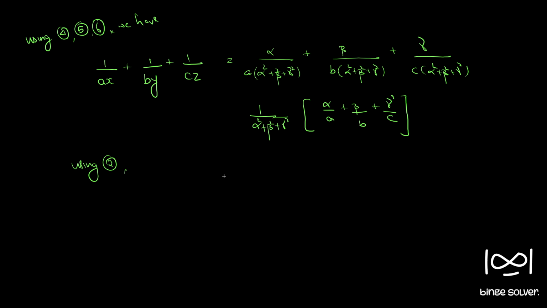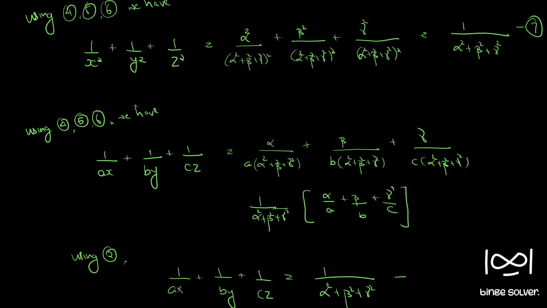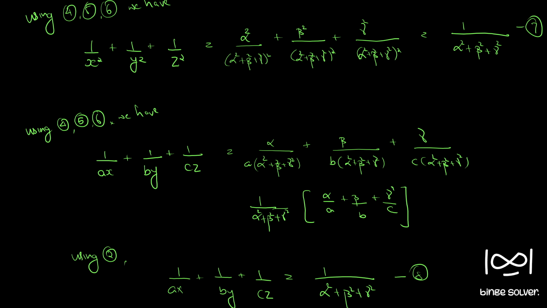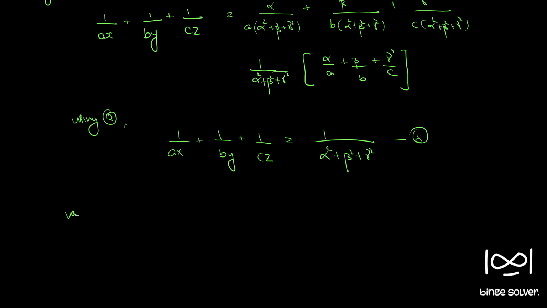we have 1 by ax plus 1 by by plus 1 by cz equal to 1 by (alpha square plus beta square plus gamma square). So let's call this 8. Now you see, using 7 and 8 we can say that 1 by x square plus 1 by y square plus 1 by z square is equal to 1 by ax plus 1 by by plus 1 by cz.